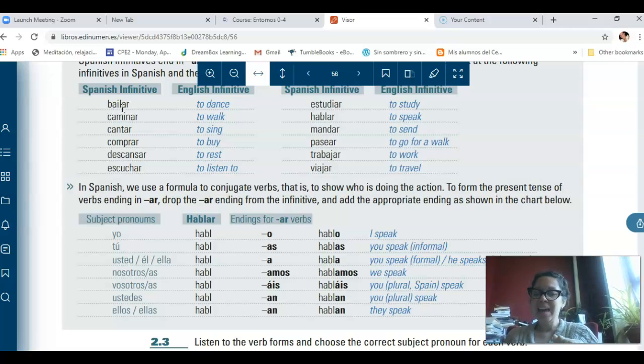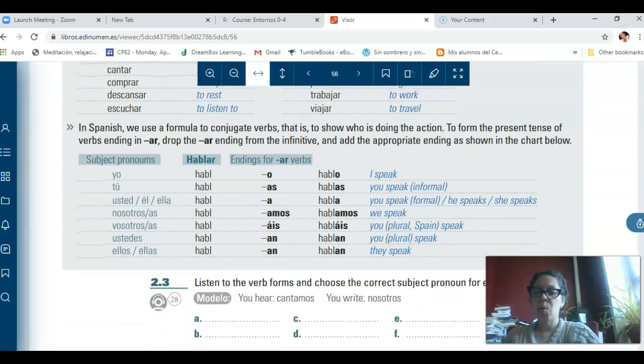See? If the tú is the subject, then instead of using an O, I'm going to use AS. Por ejemplo, tú bailas, tú caminas, tú cantas, tú compras, tú descansas, tú escuchas, tú estudias, tú hablas, tú mandas, tú paseas, tú trabajas, tú viajas, and so on.